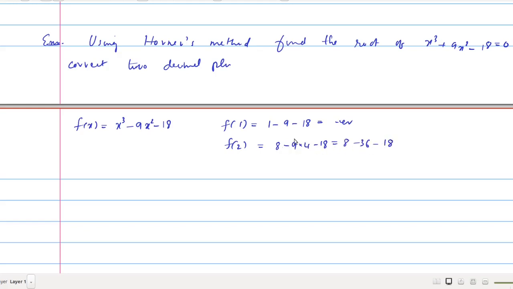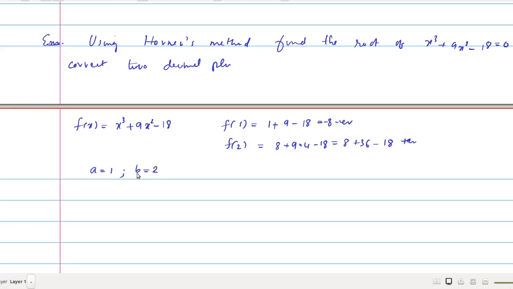So 8 plus 36 minus 18, that is positive. Then you can get a equal to 1 and b equal to 2.